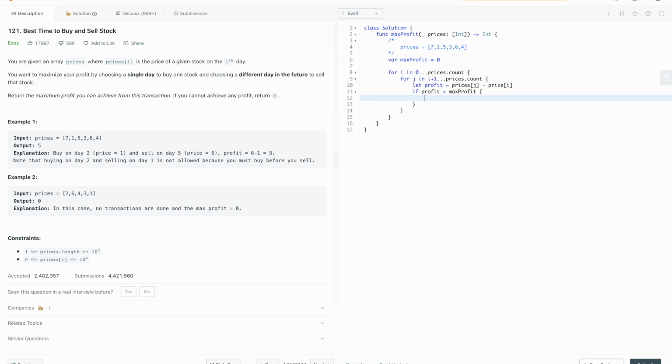So if it's greater than max profit, that means we can assign max profit as profit. Okay, and now once we're out of here, we'd have some value in max profit. If we don't, we always have 0. So that fallback enables us to return max profit here.